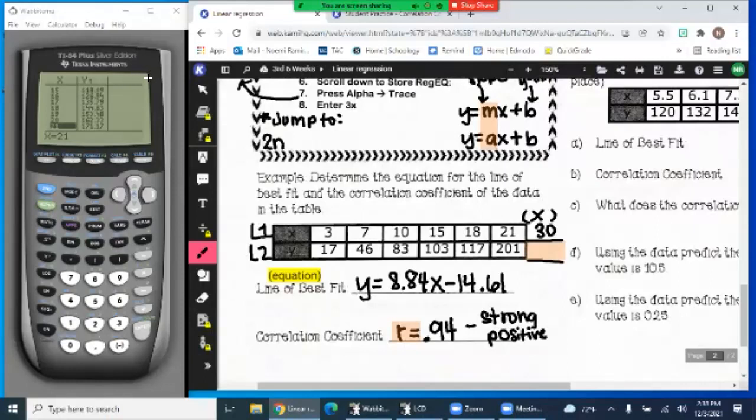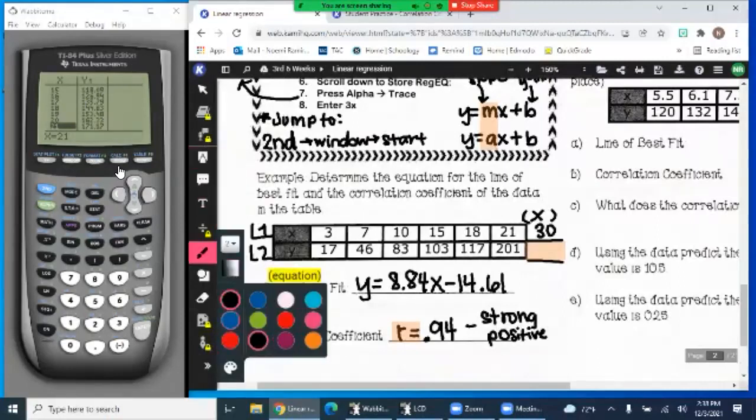So second window, and you're going to put the number where it says start. Second window. And I'm also going to put another little note. X value goes here.